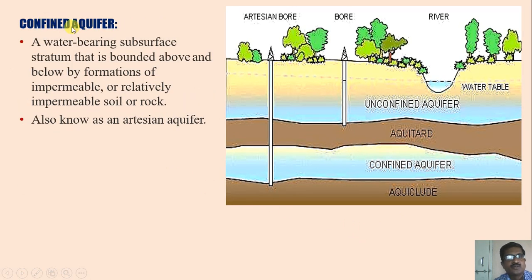A confined aquifer is a water-bearing subsurface stratum that is bounded above and below by formations of impermeable or relatively impermeable soil or rock, also known as an artesian aquifer. You can see here this confined aquifer is bounded between the two surfaces.